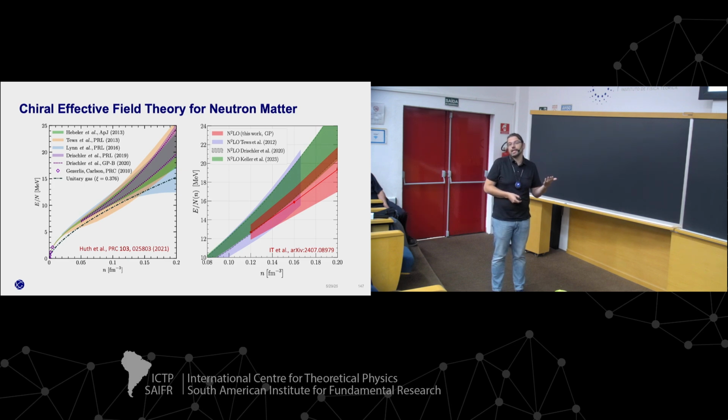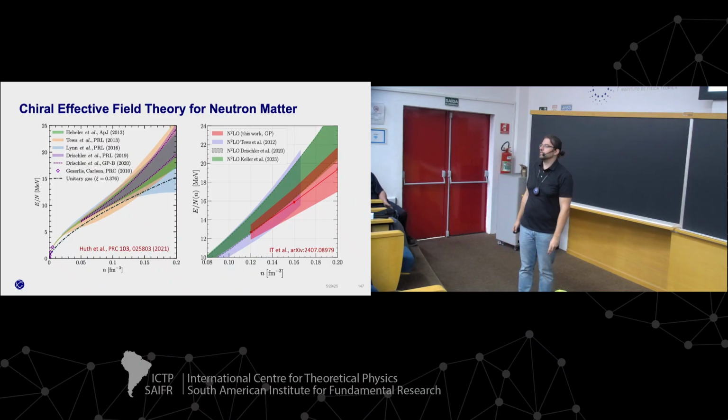Then the free gas would be an upper bound on the energy, not on the pressure. The free gas has a lower pressure, but it has a larger energy. The free gas would go up here and live somewhere up here, and at some point it might intersect the interacting band. But yeah, anything else?